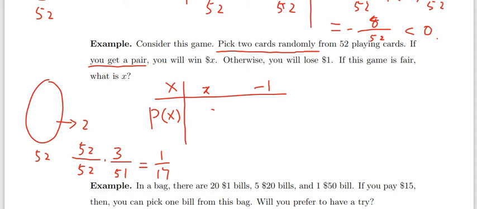So we can put it here: 1 over 17. This is the chance of this thing happening, that you get a pair. So the chance that this does not happen, that you do not get a pair, is 16 over 17. Why?